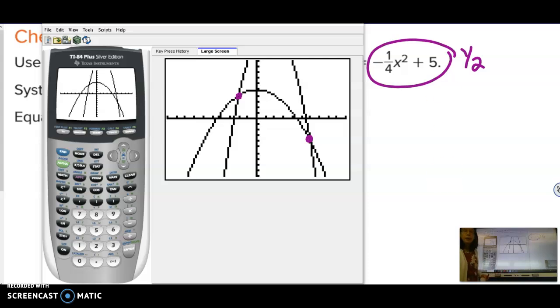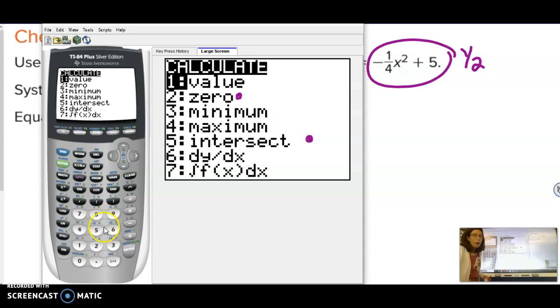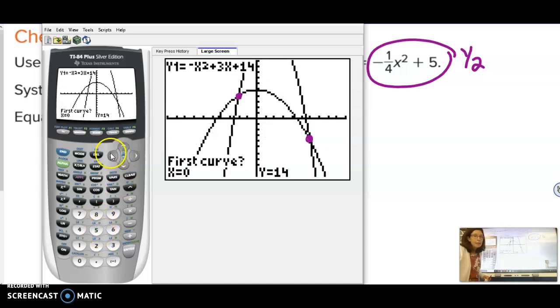So I'm going to allow the calculator to find those points of intersection for me. So I'll calculate the intersection for the first curve. So just move your cursor until it's close. I know it's right around x equals -2, so I just moved until this was close to -2.